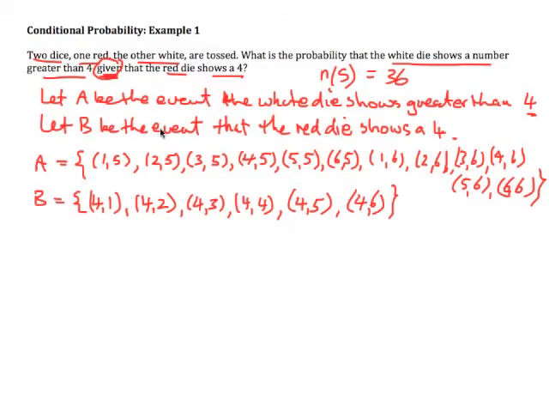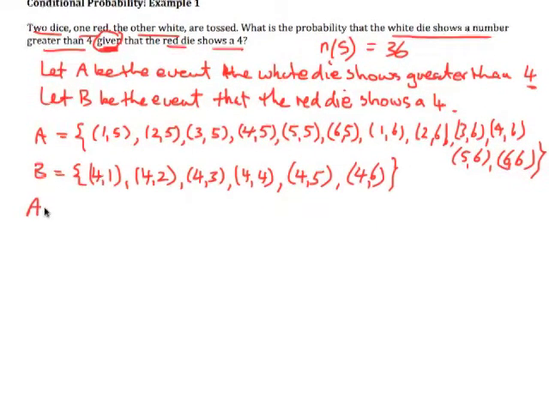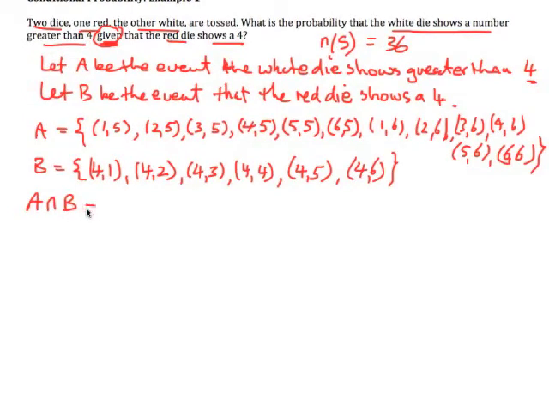Okay, so that's A, which is the event that the white die shows greater than 4. So the white is the second one. So 5 and 6 are the only ones that will satisfy that condition.